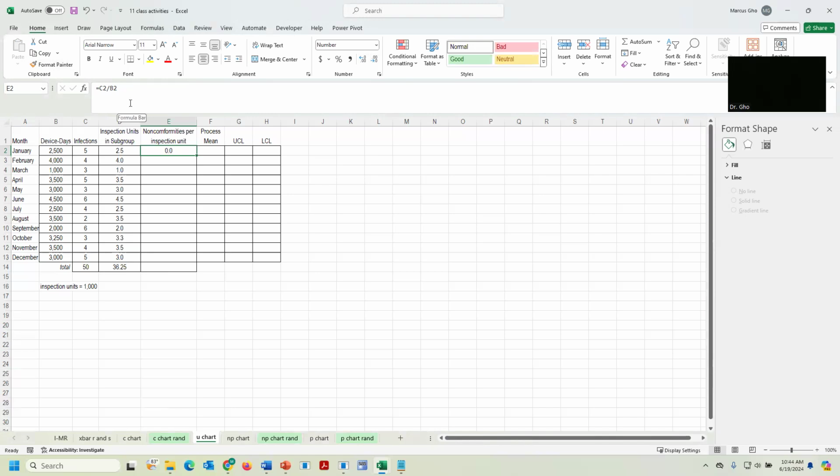Let's see that. We're looking at two infections per 1,000, and then actually you can copy this all the way down here. And so really what this tells us is we have 1.4 infections per 1,000 that occurs.